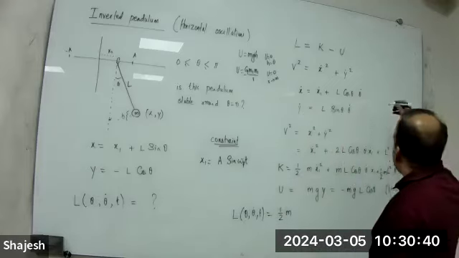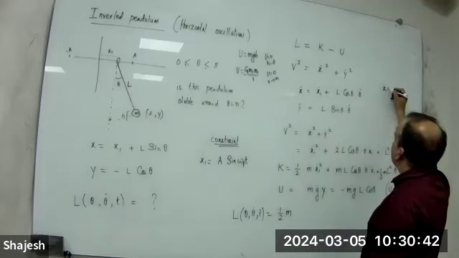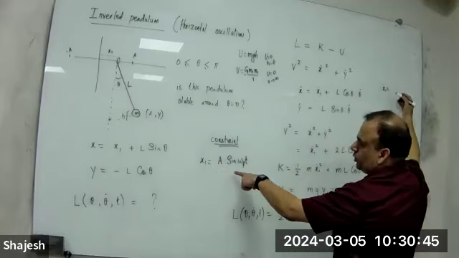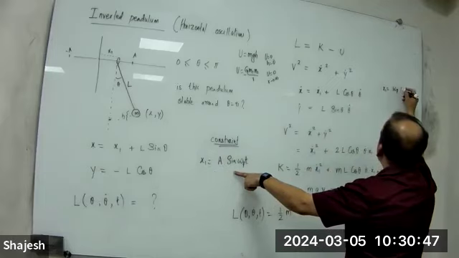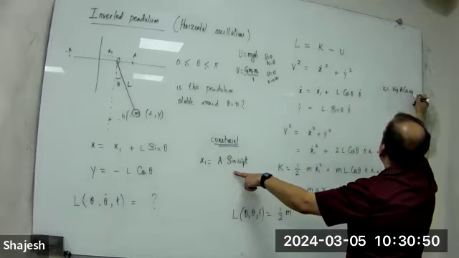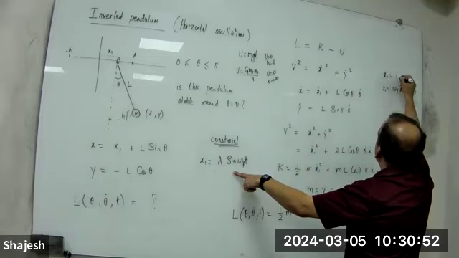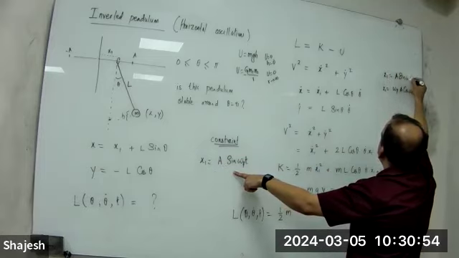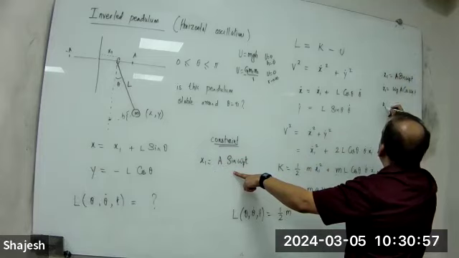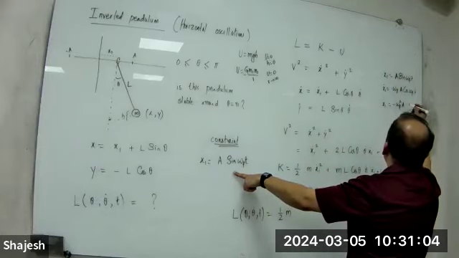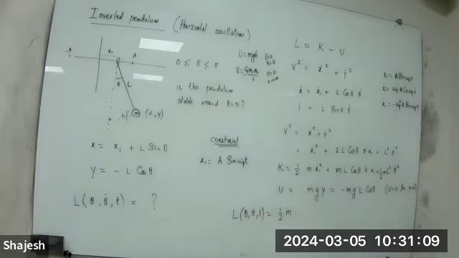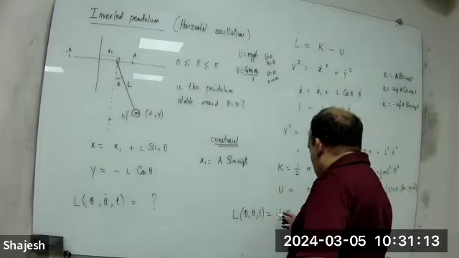Okay, x1 dot is equal to omega f a cosine omega f t. x1 is equal to a sine omega f t. x1 double dot is equal to minus omega f square a times sine omega f t. So I can plug those quantities in.